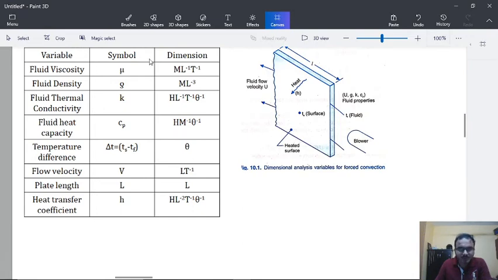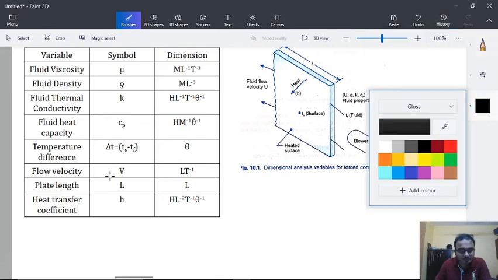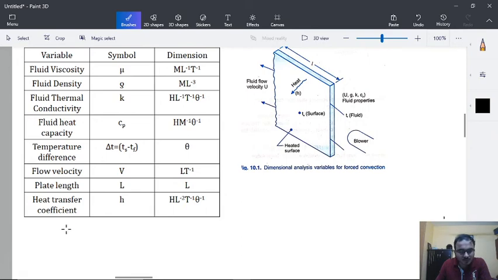We will first begin with pi 1 term. Let us say pi 1 is equal to mu raised to a, k raised to b, v raised to c, l raised to d, and the repeating variable will be, the next variable will be rho.